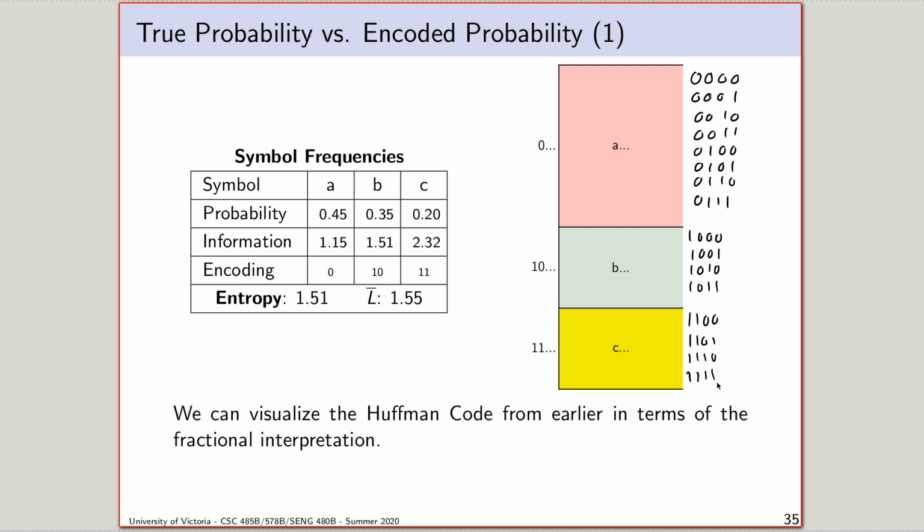I've drawn them this way, but the real estate is divided up between the strings that begin with, here's B, and here's C, and here's A. I've drawn the diagram deliberately to show this effect, but because of the way I have encoded A, B, and C, because of what Huffman coding did, you might notice 50% of all sequences begin with A, 25% begin with B, and 25% begin with C. This is true no matter how many bits I had in my sequence.